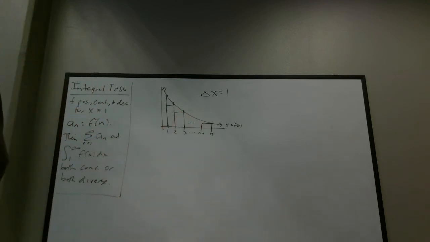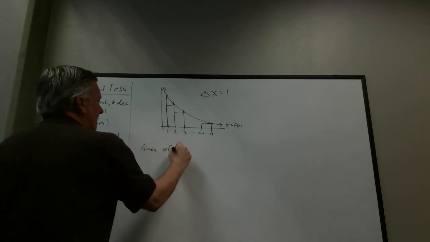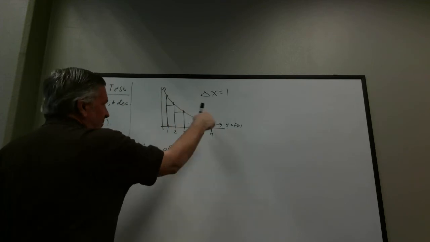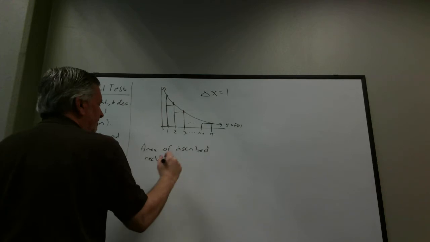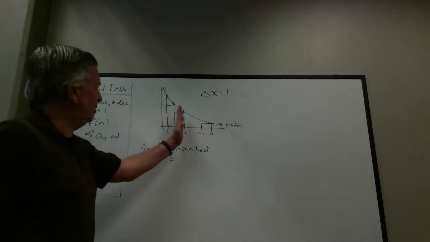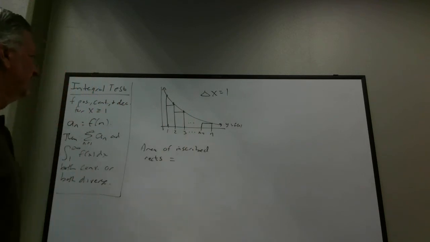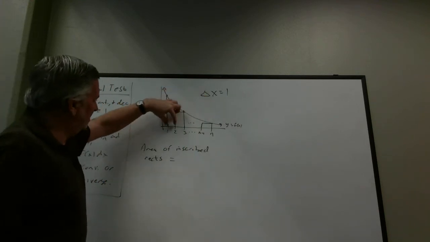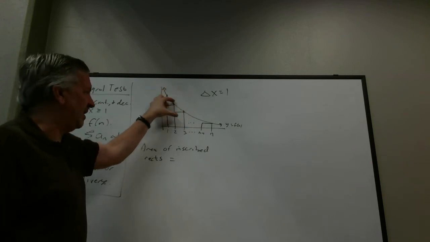Now, what are the areas of the rectangles I've done here? The area of the inscribed rectangles, they're sitting underneath my curve. Well, how to do areas of rectangles? It's base times height, plus base times height, plus base times height. I'm only doing the rectangles up to here. I'm not going forever, but just from here to here. Notice the base is delta x. Every one is 1, so it's 1 times height plus 1 times height plus 1 times height.